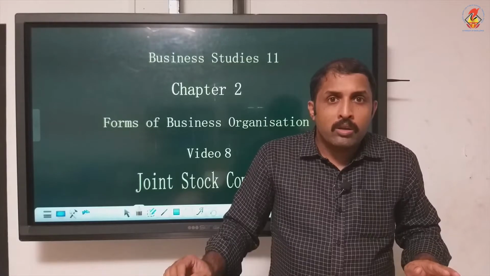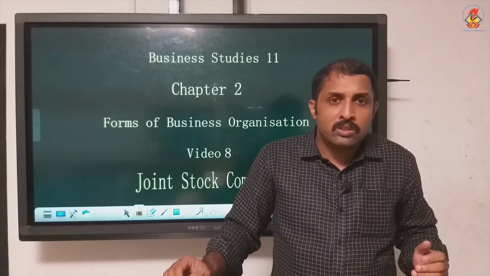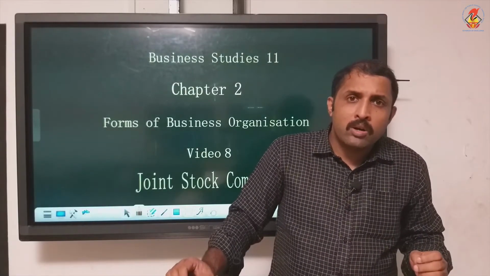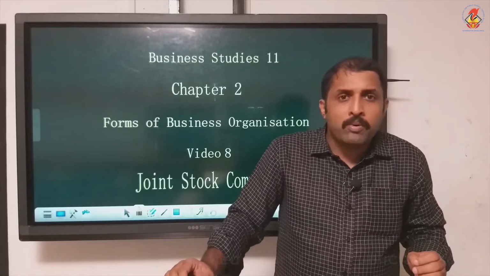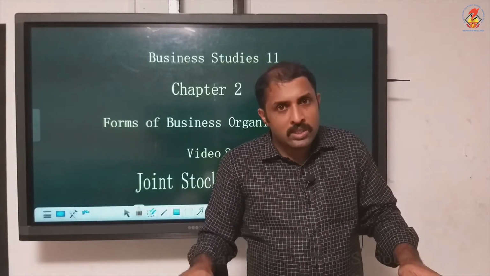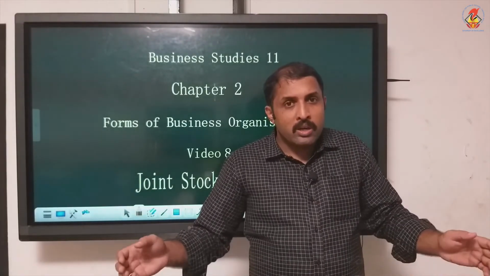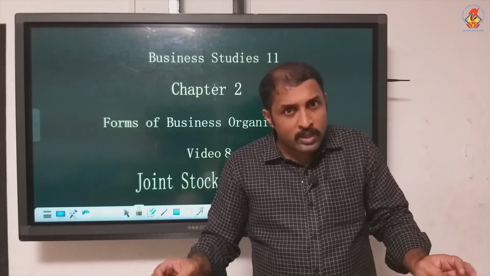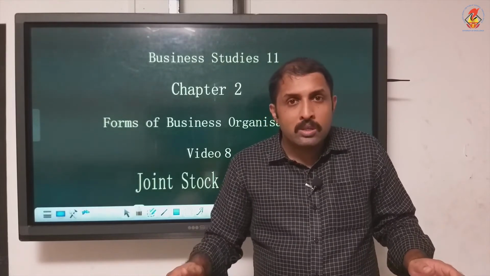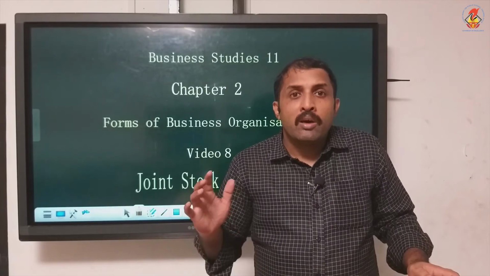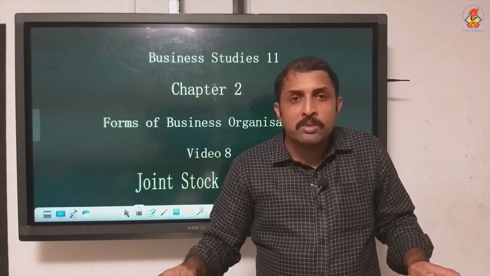We are entering into another session, and in this session we will be discussing another form of business organization. We were learning about sole proprietorship, where one person was doing business. We learned about joint Hindu family business, where a family is together doing business.